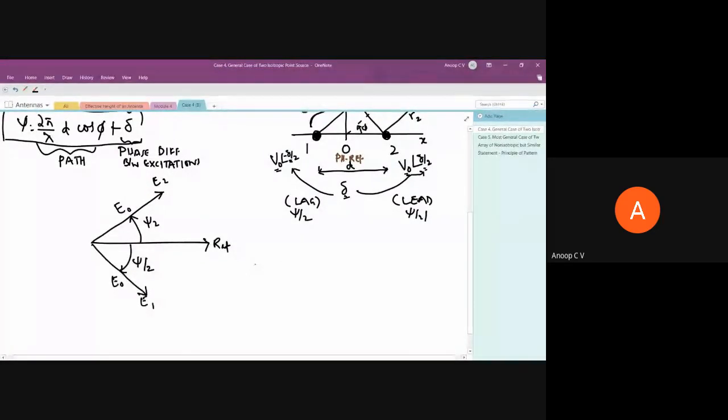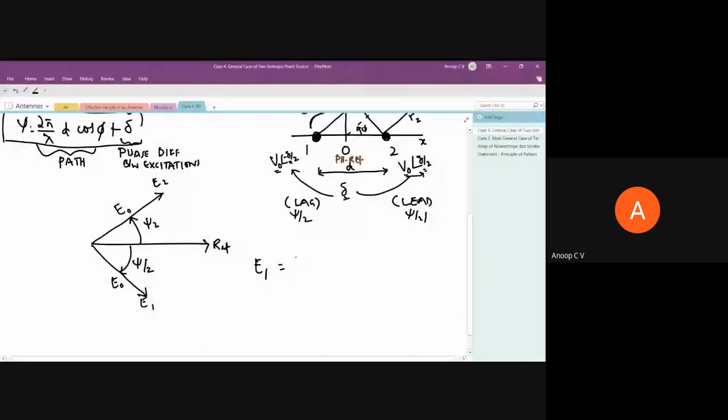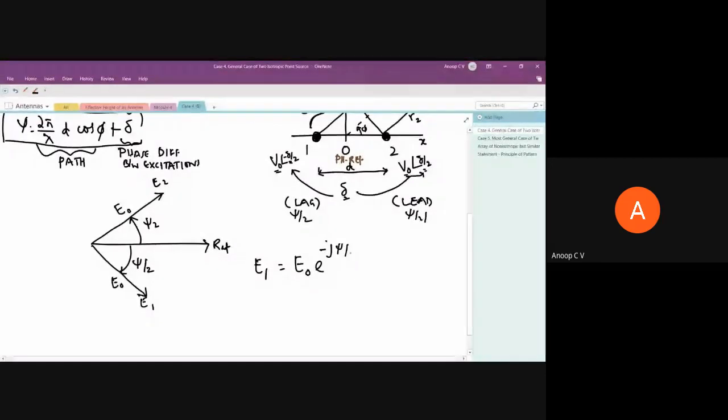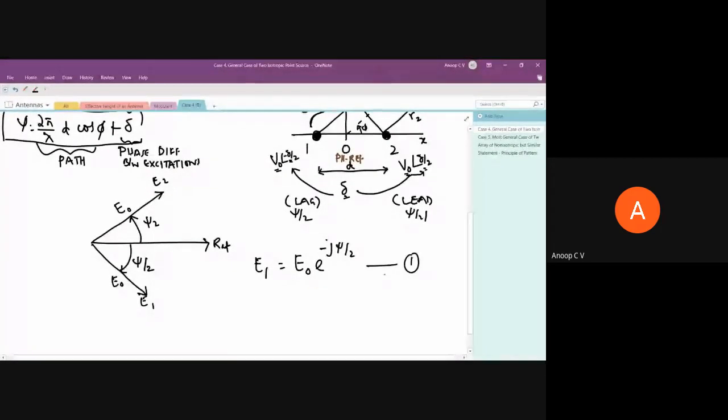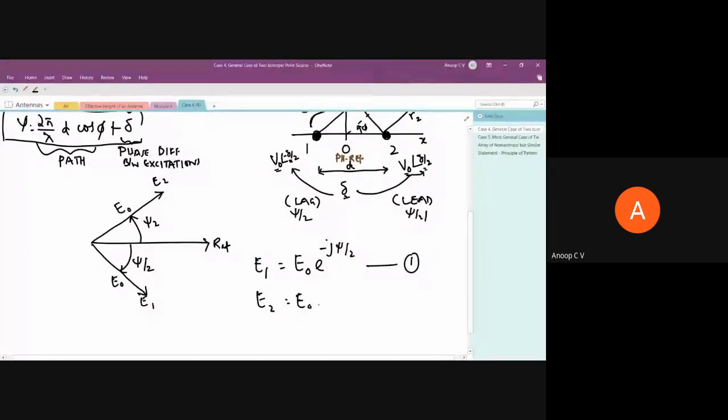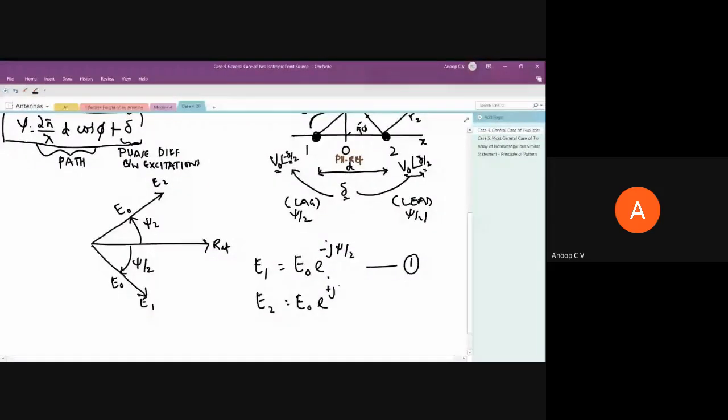So I can write E1 equals E0 e power minus j psi by 2, equation number 1, and E2 equals E0 e power plus j psi by 2, equation number 2.